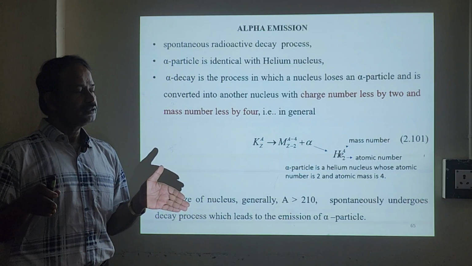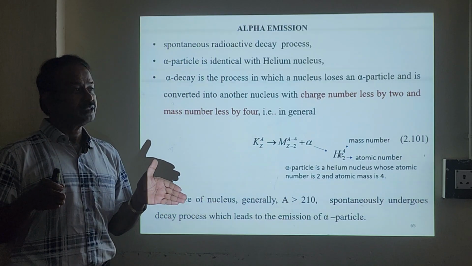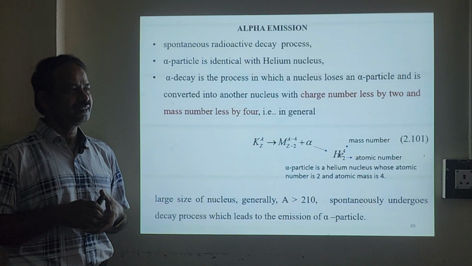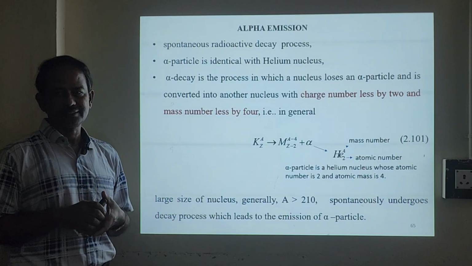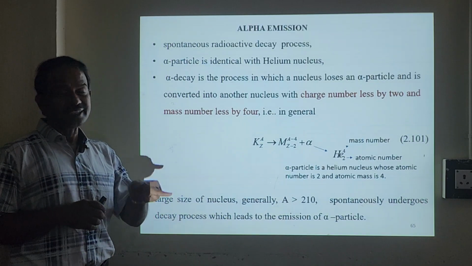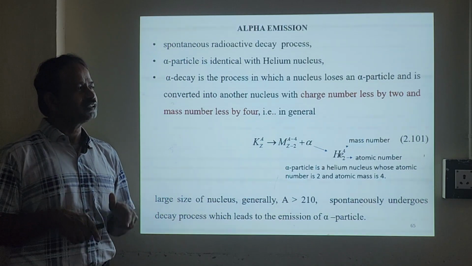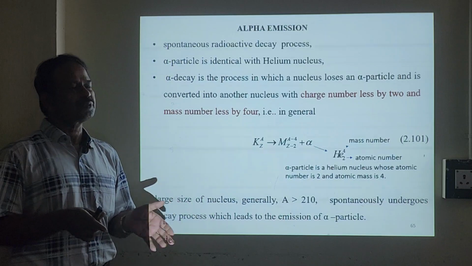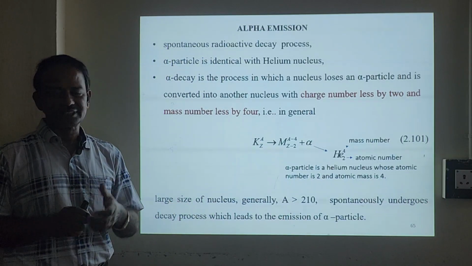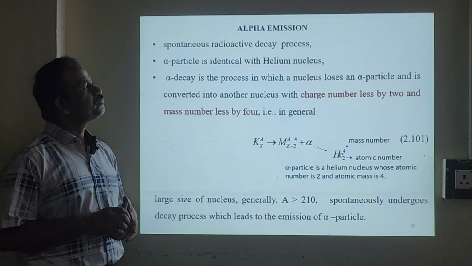It had not been solved for nearly 20 to 30 years. The moment the explanation came from Schrodinger, especially the tunneling effect, people used this idea in this process and the Geiger-Nuttall equation was solved, which we are going to see now.